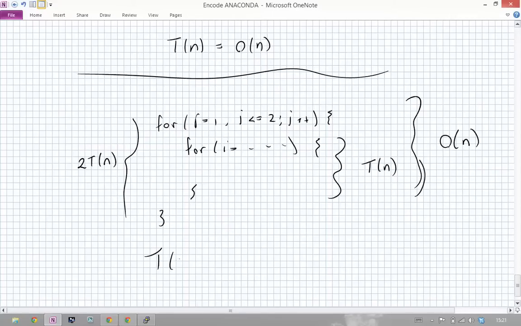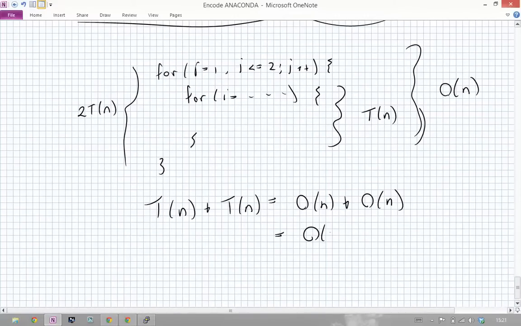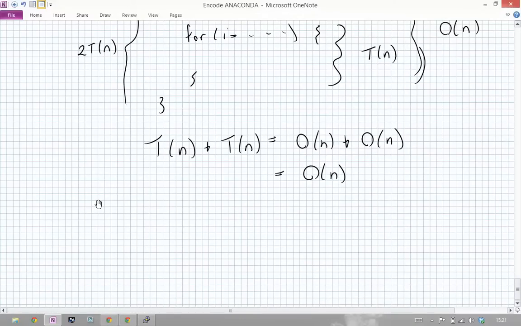Because T(n) plus T(n) is really big O of n plus big O of n. And big O of n plus big O of n is big O of n. We can prove that.